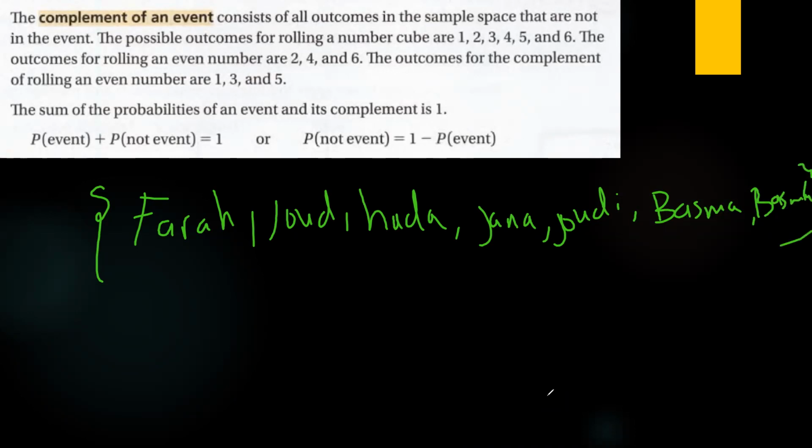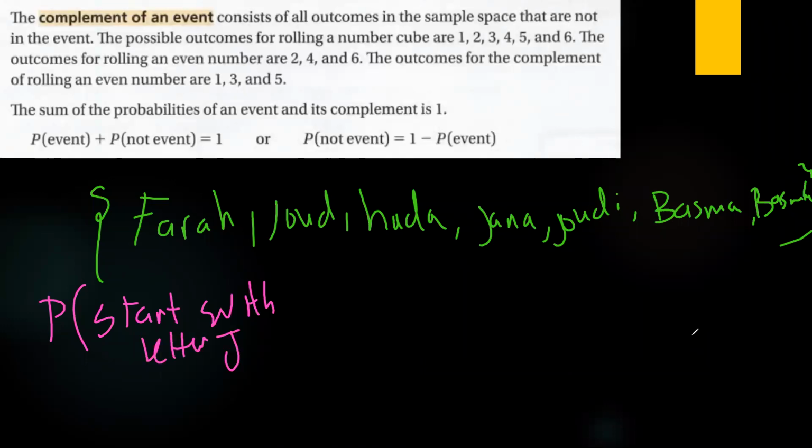I choose now from the 7 girls in the class. Now, what is the probability of choosing a girl whose name starts with letter J? What are the girls whose names start with letter J?